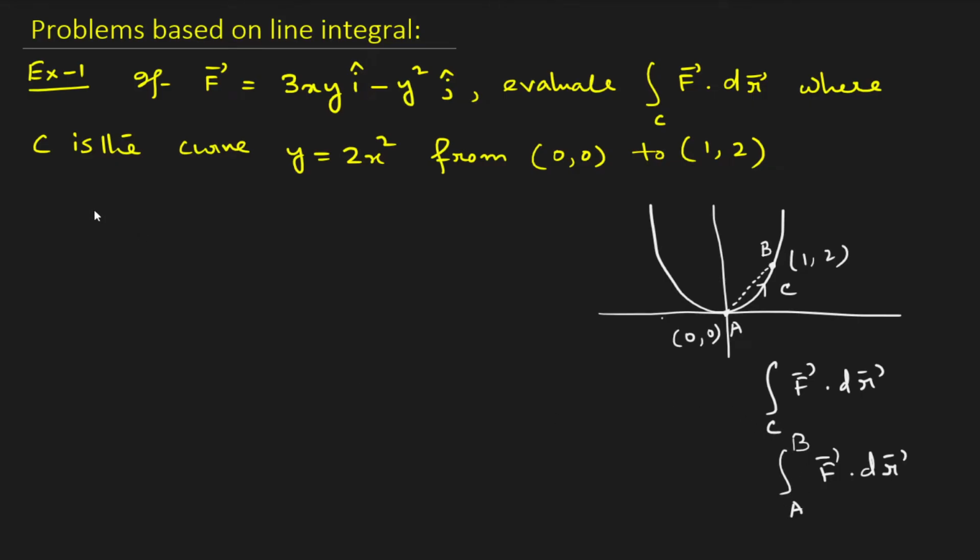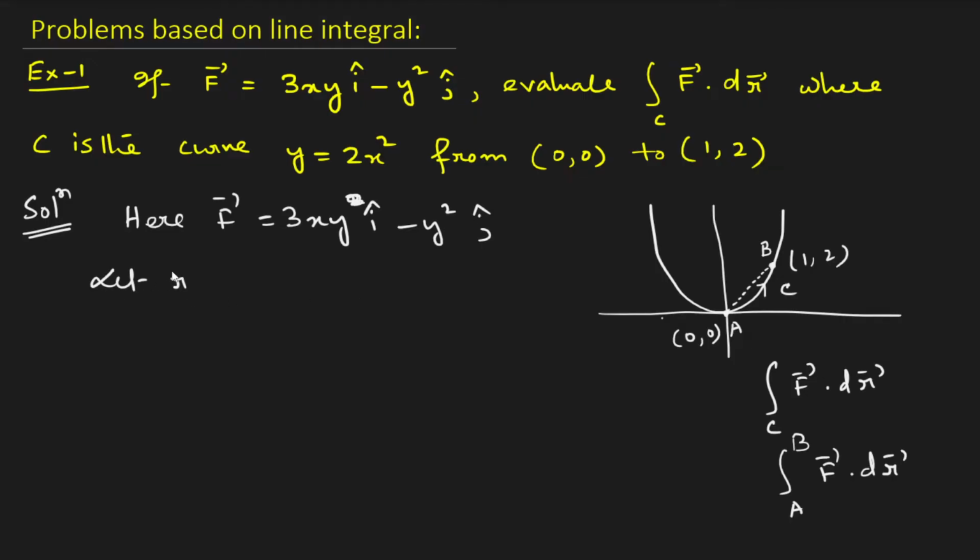Okay, now let us do the solution. Here F bar is 3xy i cap minus, sorry, this is not y square, 3xy i cap minus y square j cap. Let r bar equal x i cap plus y j cap.